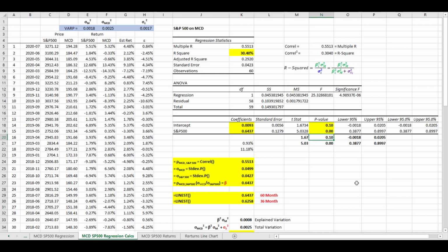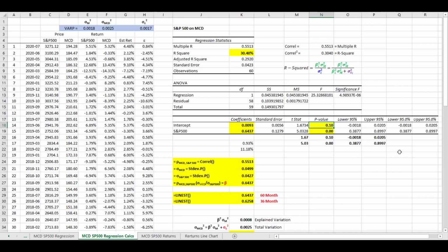So the t-dist function of that 1.67, the number of degrees of freedom is 58, it's a two-tailed distribution, and I get 0.10. And the way I interpret this is that there is a 10% chance of observing this value if it really is 0.